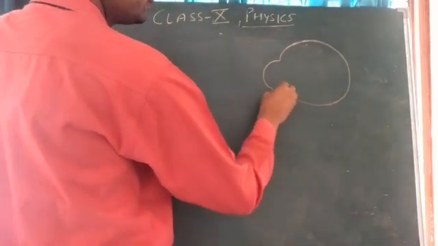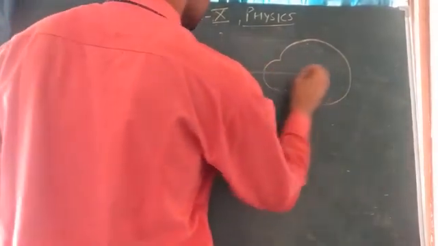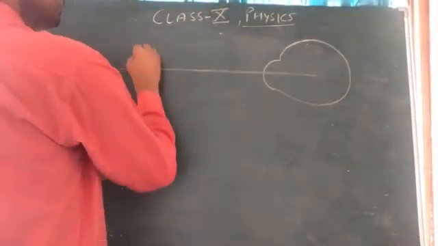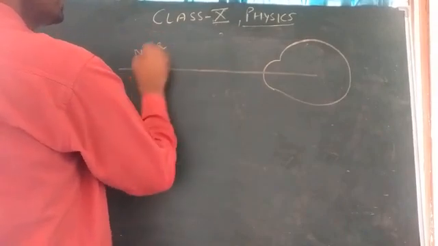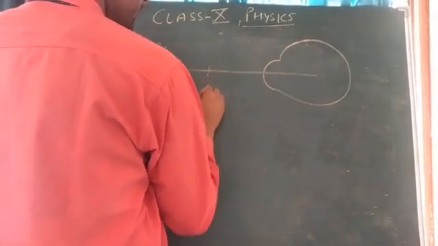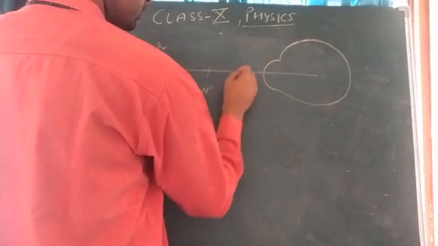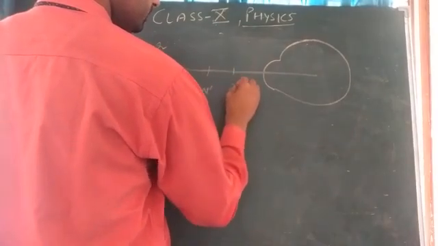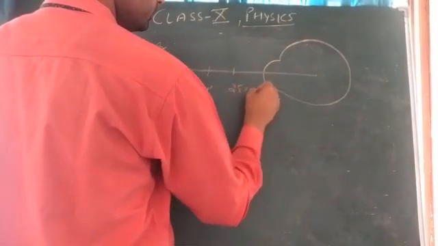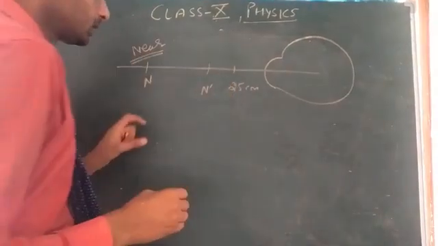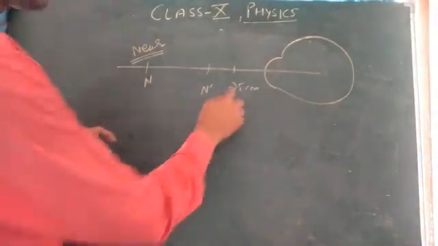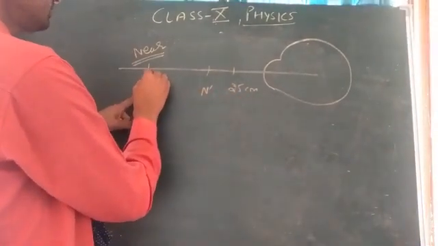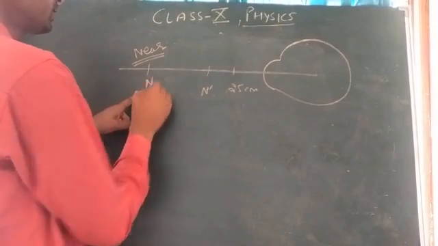As you know, this N is the near point for the hypermetropic eye, and it is unable to see any object between 25 and this near point.